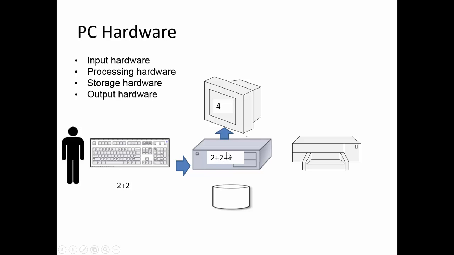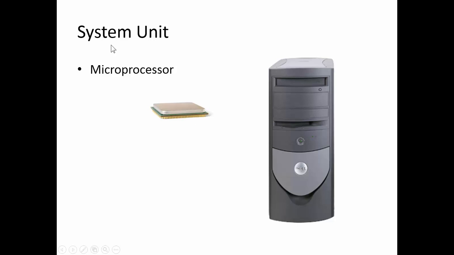Then the number 4 can be output to the monitor, which is output hardware, or output to the printer, which is output hardware, or saved to storage on the hard disk for future use.